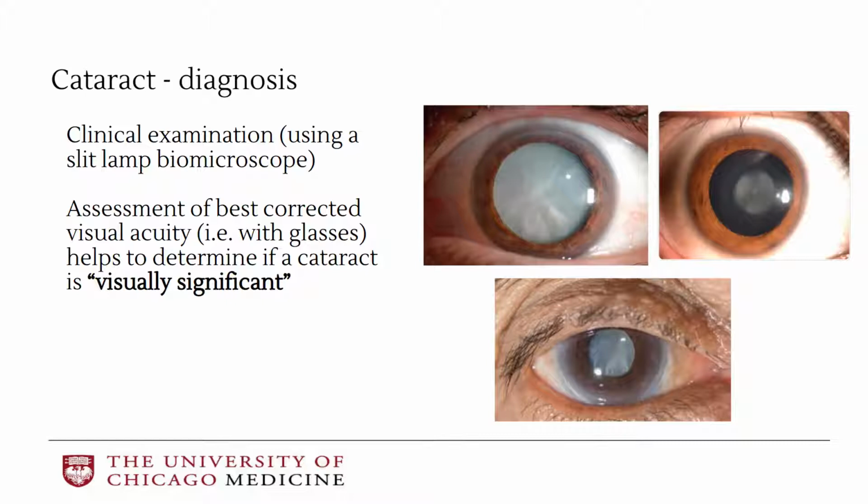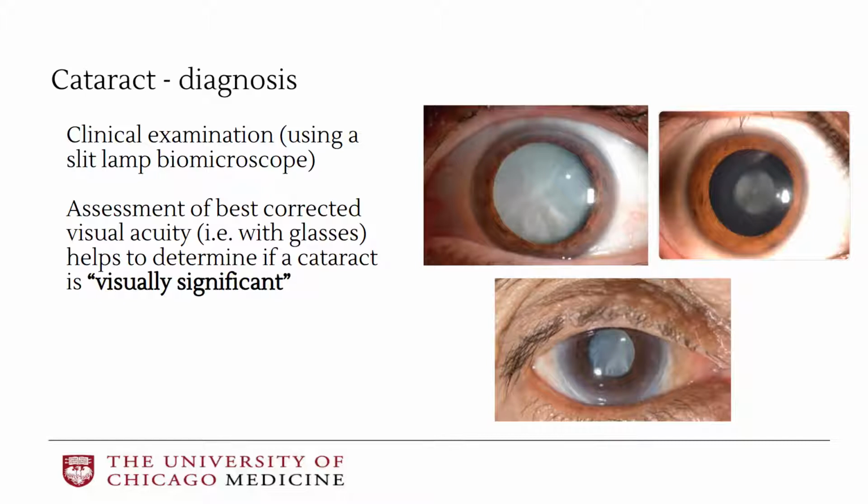In other words, when you come into the office, we see how good does the vision get if you were to get a new pair of glasses. So for example, if the vision's kind of blurry and a patient comes in, and with new glasses, their vision is 20/20, and they say, hey, everything looks sharp and I can see. Then you might have a cataract, but you don't need to have it out at that moment.